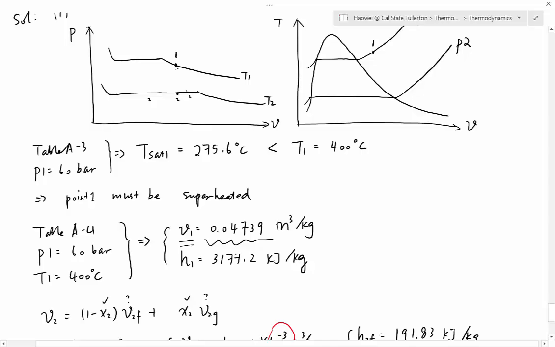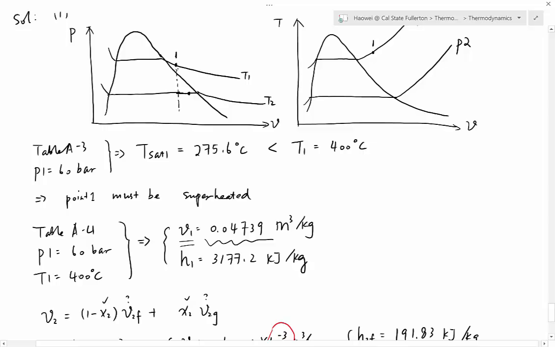Okay, so let's remove those points. Okay, so number 2 must be somewhere here.